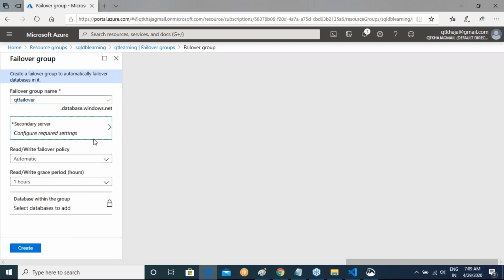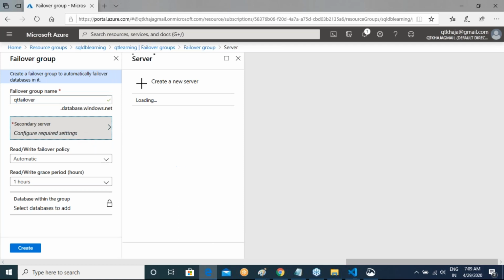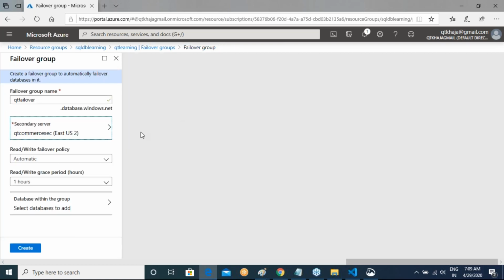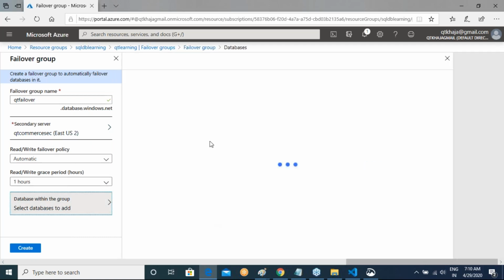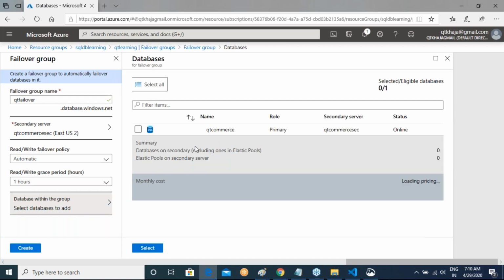And then what is your secondary server? You can select that my secondary server is East US 2. And then here, what are the databases which you want to add? I have only one database and I'm adding that.